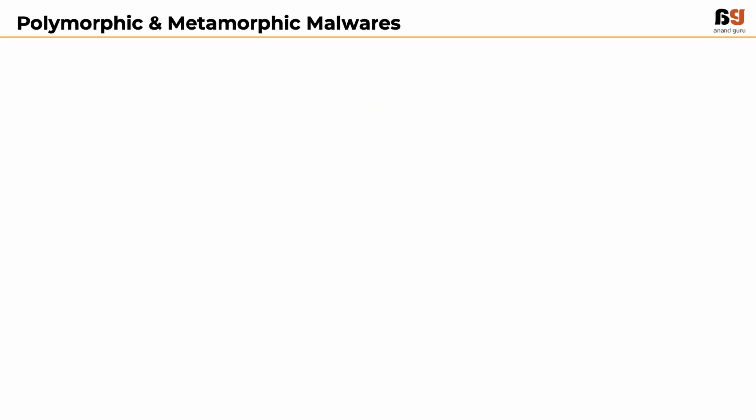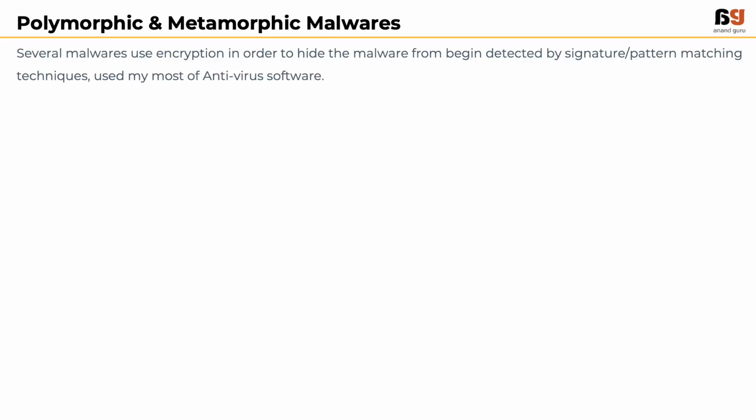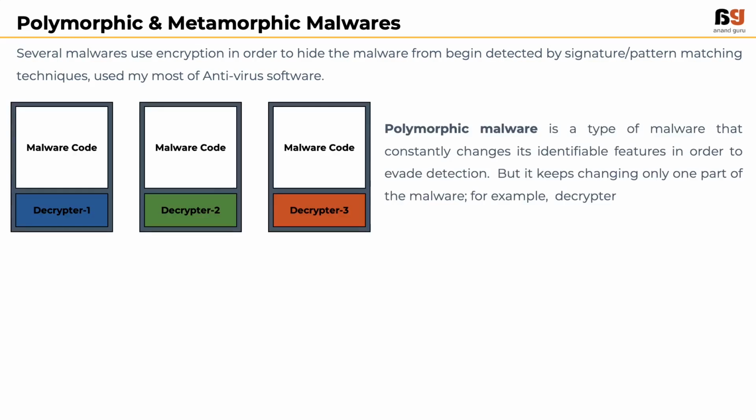The next technique is polymorphic or metamorphic malware. Most malware uses encryption to avoid being detected by antivirus scanning. The instructions to decrypt the malware will be in the decryptor. In polymorphic malware, the malware constantly changes its identifiable features to avoid detection.